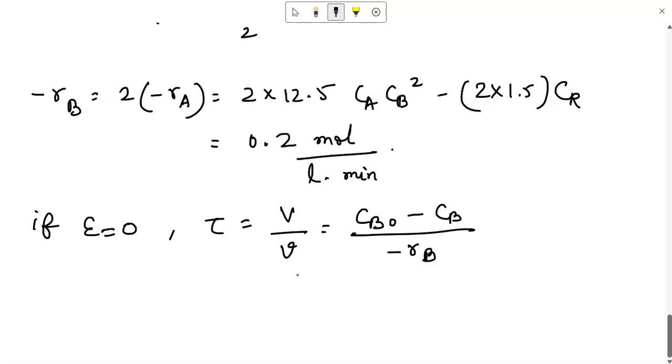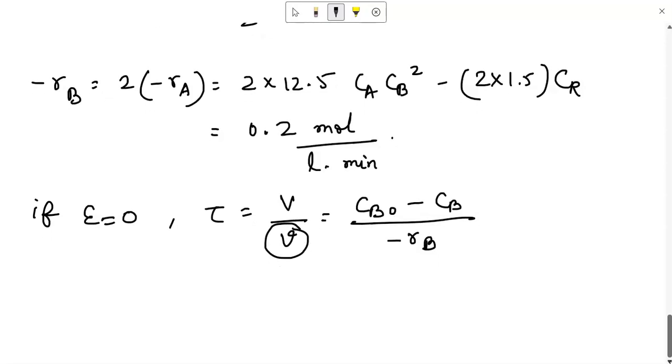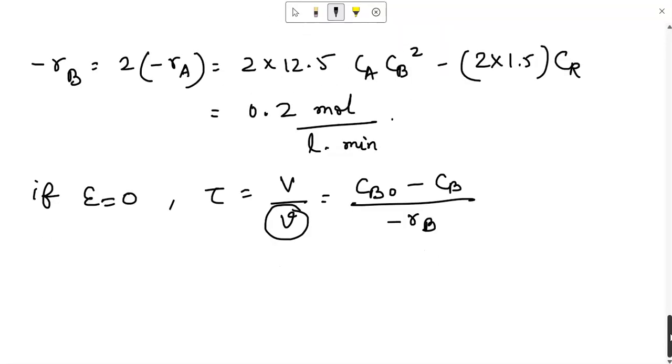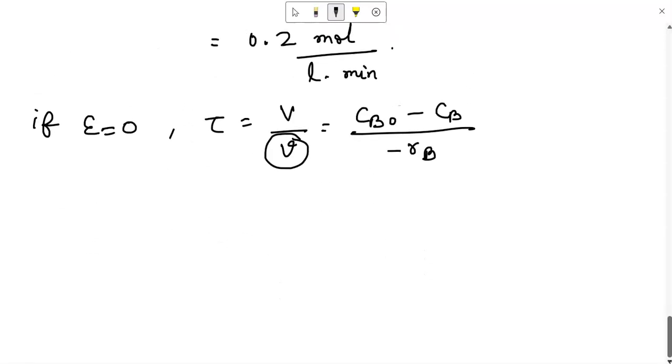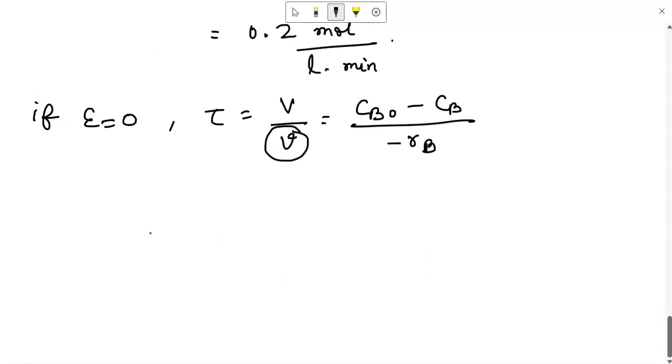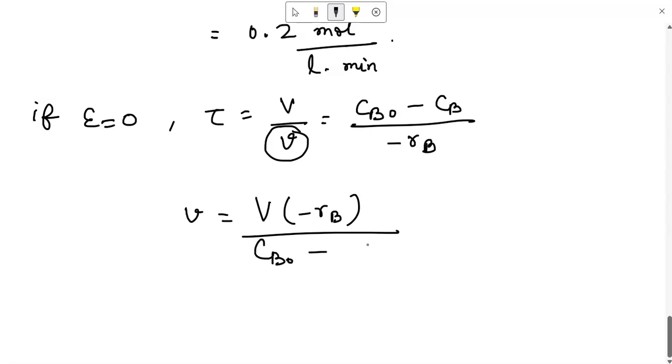Now all we have to do is solve for small v. So small v becomes the subject of the equation as capital V, which is the volume, multiplied by minus rB divided by CB0 minus CB.